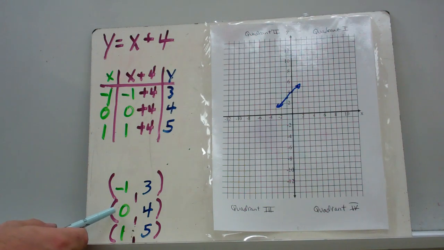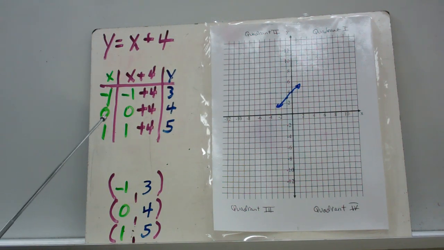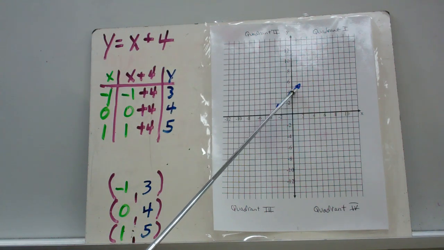Now, as a hint, I would always include 0 as one of your options for your inputs, your x's, because that is always going to give you the y-intercept. Remember that we said that for the y-intercept, the x will always be 0. Well, here is 0, and here is our y-intercept right there. So it's going to cross the y-axis at (0, 4). So 0 is always a good number to choose for your x inputs.